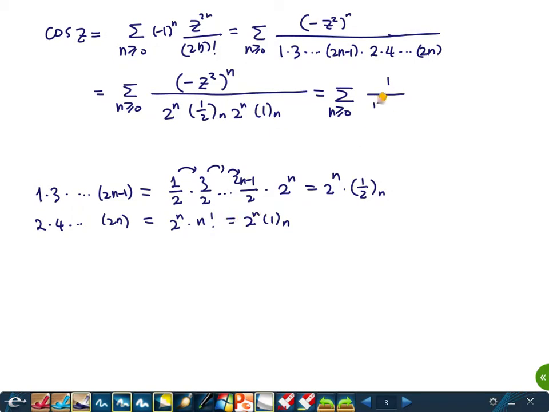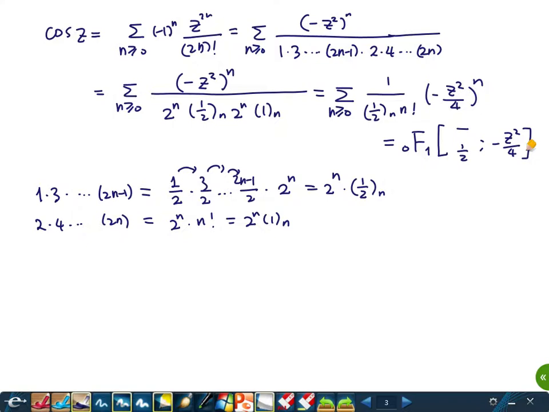But 1 over (1/2)_n, n factorial, and minus z squared over 4 to the n. Okay? And now, what is this? There's nothing on the top, so 0. There's one thing here, so it's 1. So 0F1, nothing, 1/2, minus z squared over 4. So cosine is also a hypergeometric series.